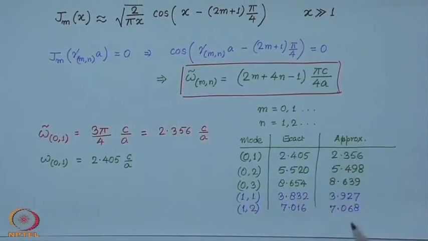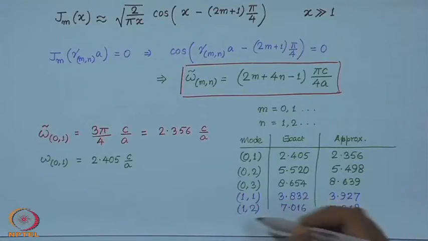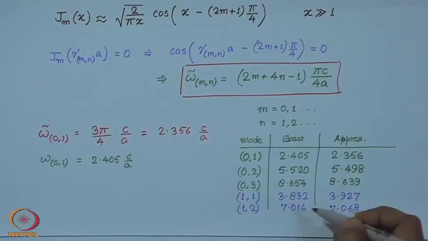You can see that as you go to higher modes, in each case you are approaching the exact solution. So, that is the argument for the large value of the argument.